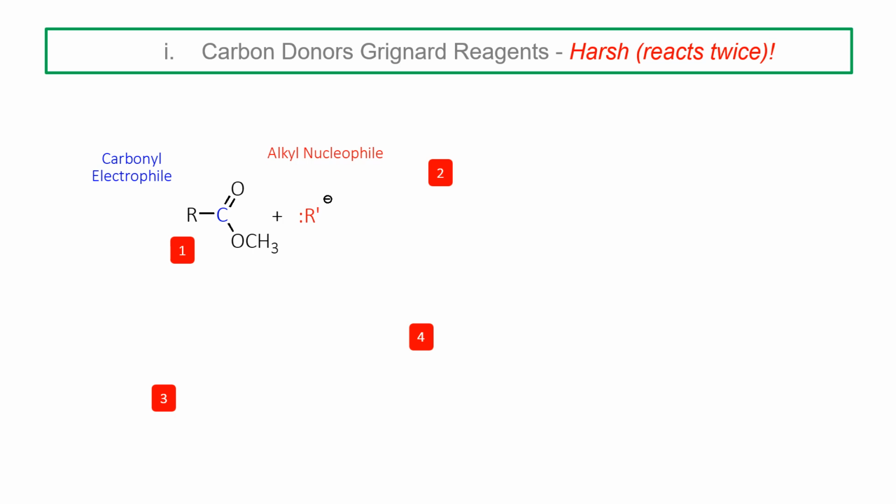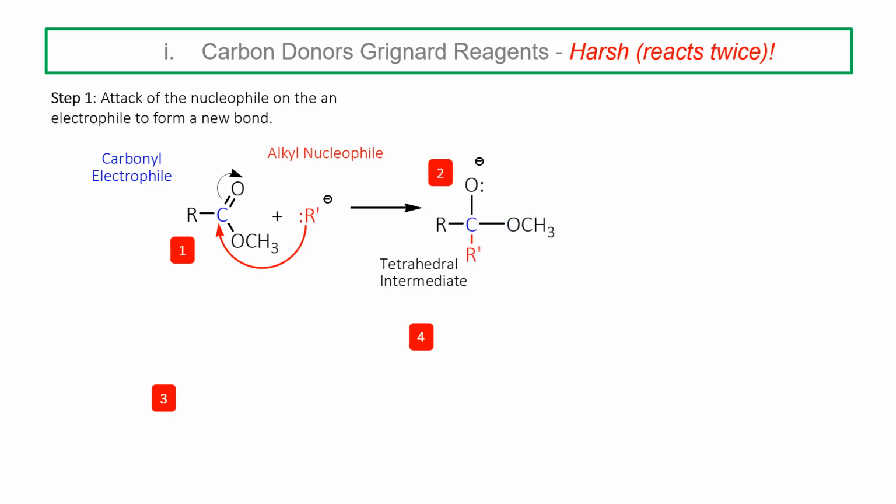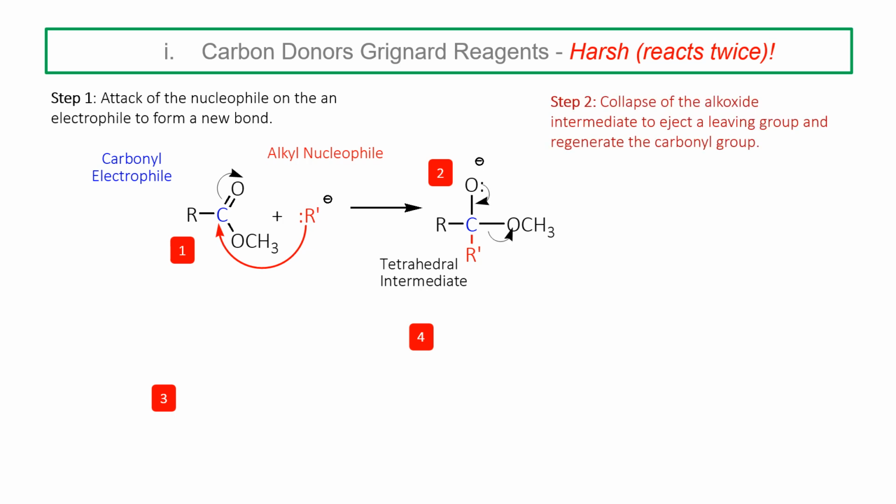Notice that this mechanism occurs in the case of the Grignard in 4 steps. We first have this harsh nucleophile attacking the electrophilic center of our carbon. This will realize our tetrahedral intermediate, which is an alkoxide. But because we have this really good leaving group in the methoxy, our alkoxide will collapse to regenerate the carbonyl group.